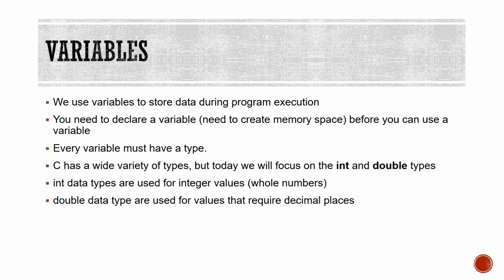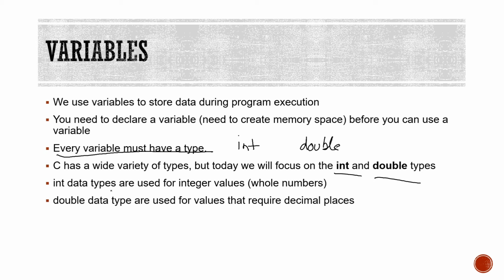You cannot use a variable if you're not declaring some space in memory. The way we do that is that every variable has a data type. It can be an int, which stands for an integer value, or a double, which stands for a double value. There's a wide variety of types, but we will focus on ints and doubles.